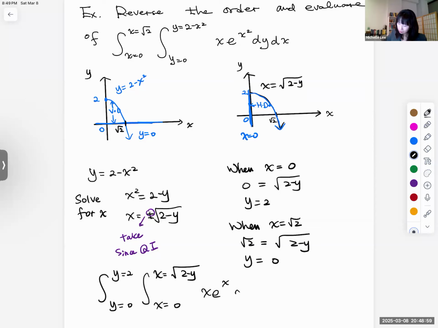Now, let's do it. So we do integrate with respect to x first. There is no y.